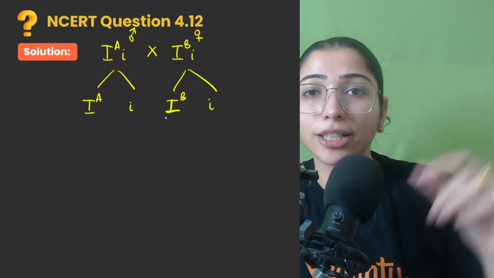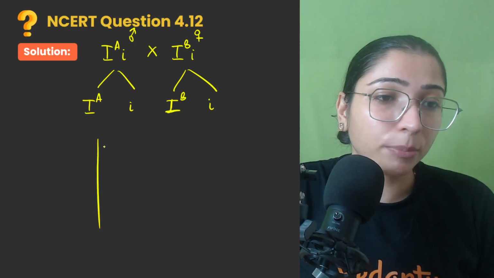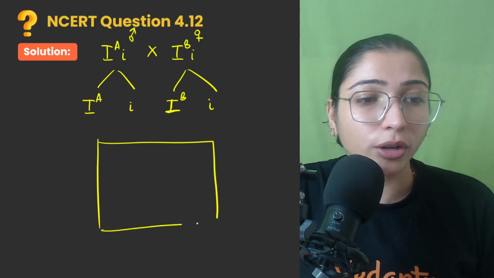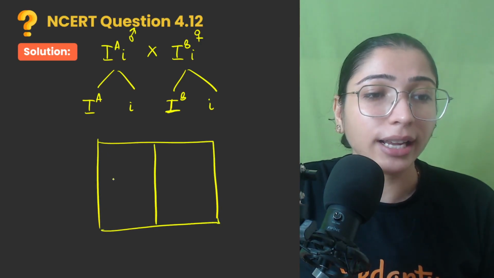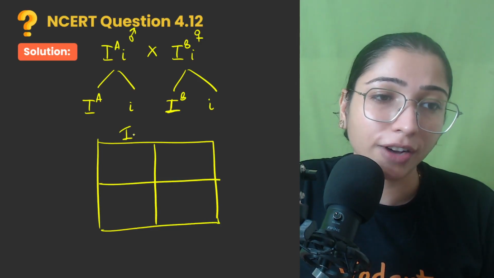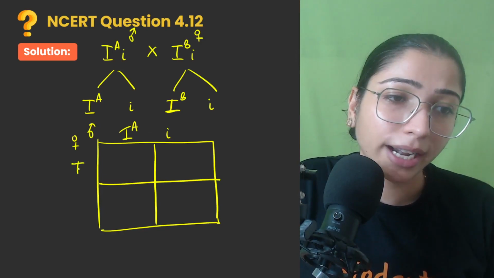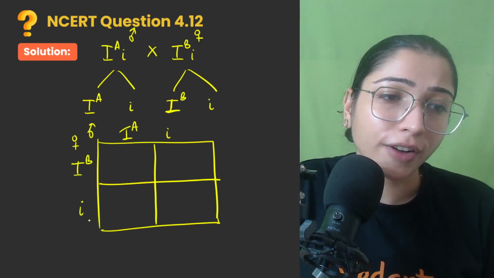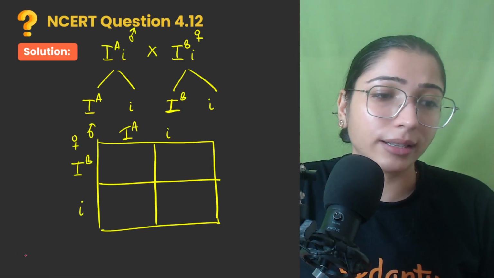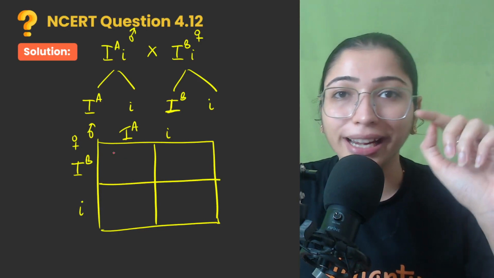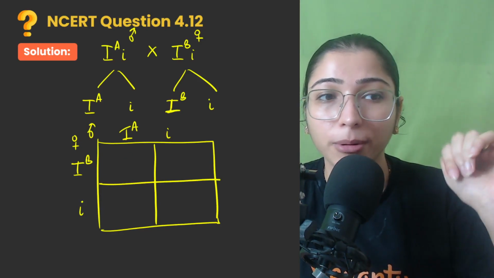Small i represents O blood group. So let's make the Punnett square here. Let's make a checkerboard to see that what we are assuming is right. कि हमारी ये जो assumption है कि father and mother are heterozygous, ये सही है कि नहीं. So I'm writing gametes of father on one side and mother on other side. So we are going to mate or fertilize and see what is the probability in progeny.